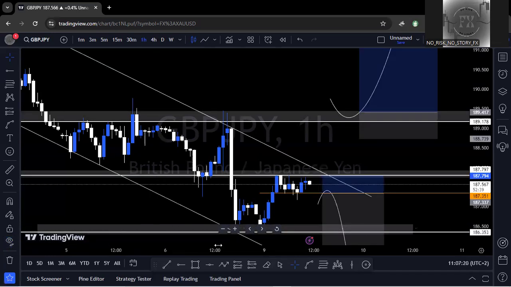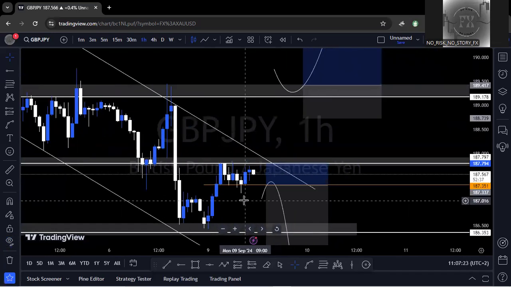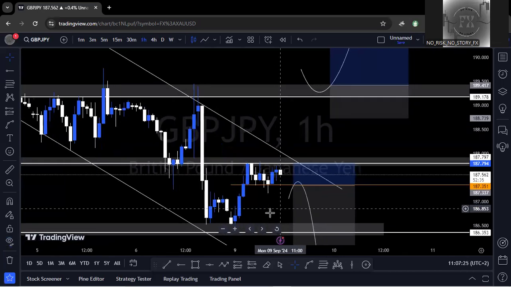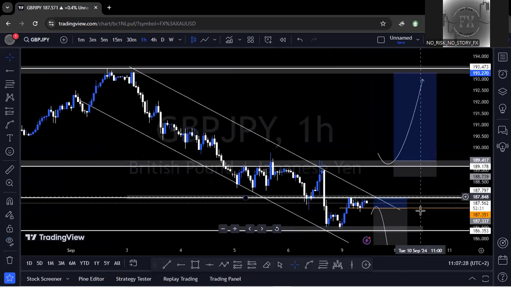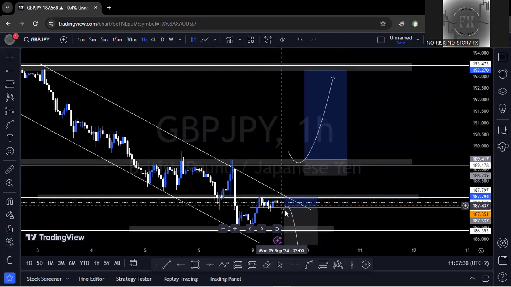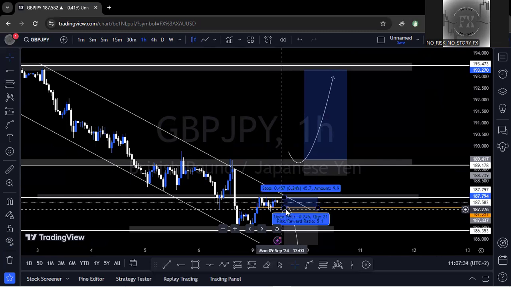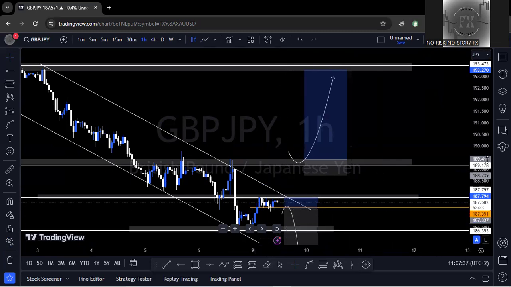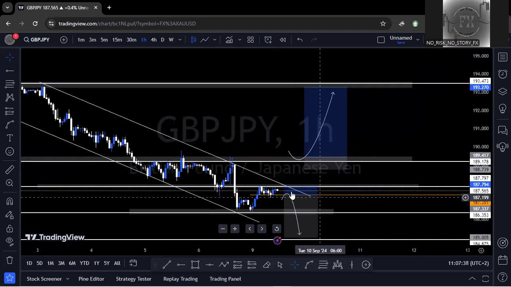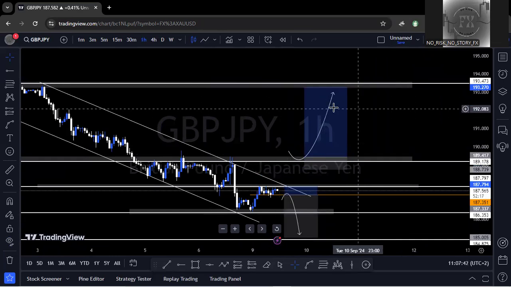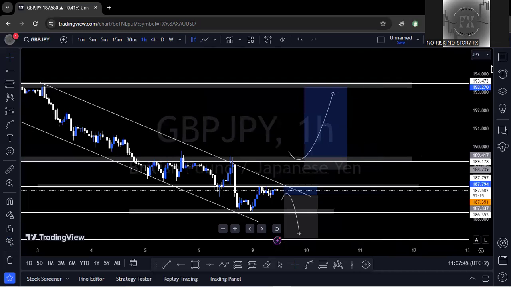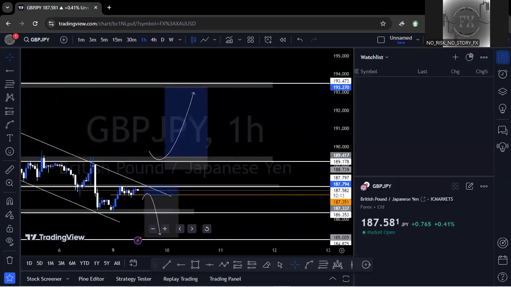So what we can do now is wait for this market to either break this newly formed support, to then sell to the downside, or just continue going up. Yeah, so that's it for GBPJPY.